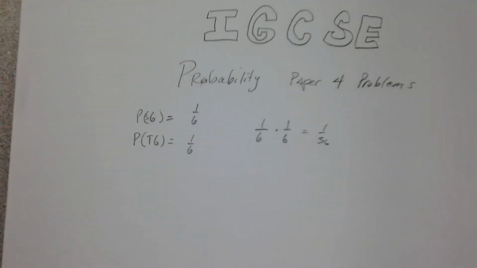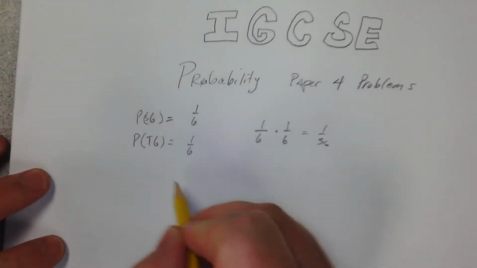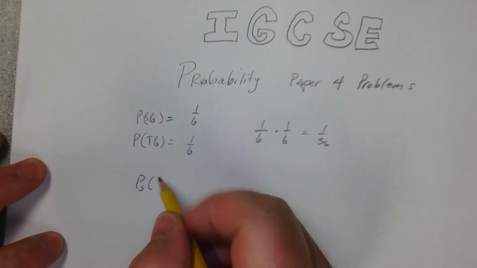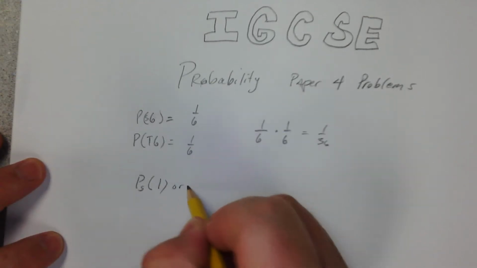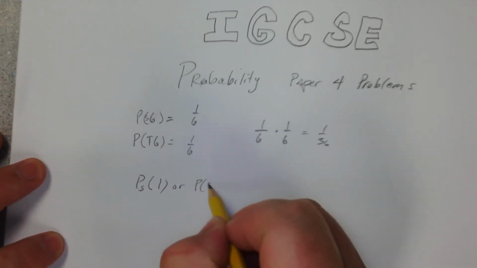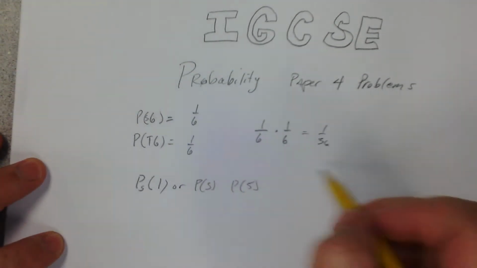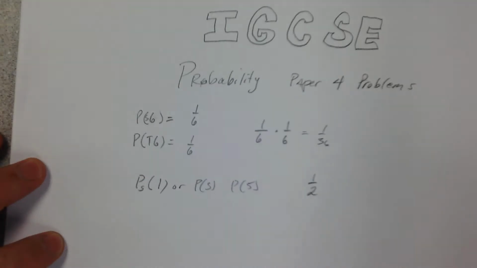It says, find the probability that neither threw an even number. So for Sarah, that would be a 1 or a 3 or a 5, and so that would be a probability of 1/2, because half of them are even and half of them are odd.